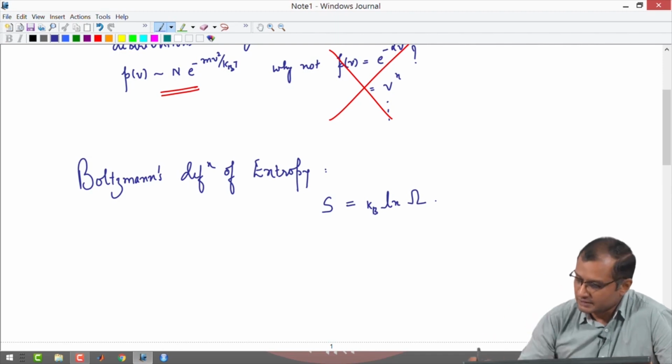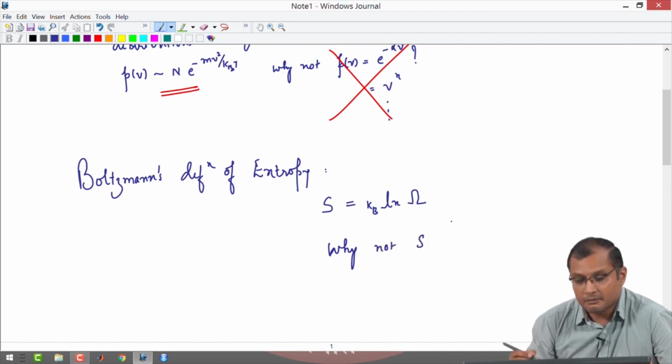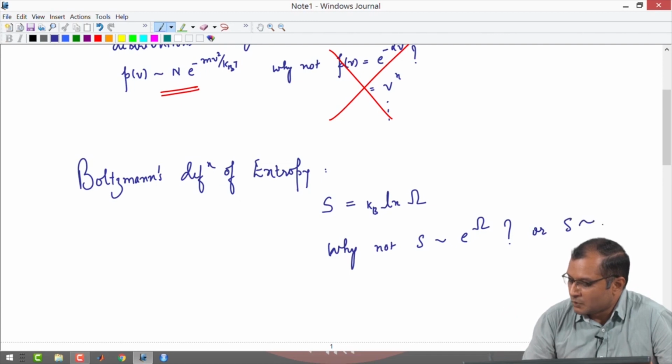Okay. Now, why didn't Boltzmann take something like e raised to omega, or S going as some omega to the power n?